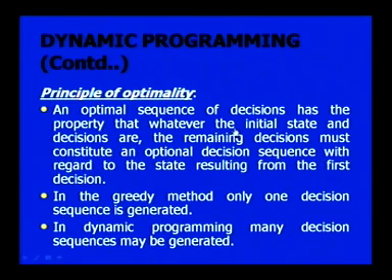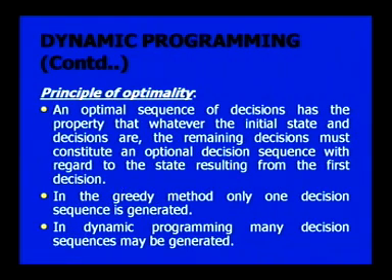So, the important point here is that irrespective of your initial state and decisions, the remaining decisions must constitute an optimal decision sequence with regard to the state resulting from the first decisions.